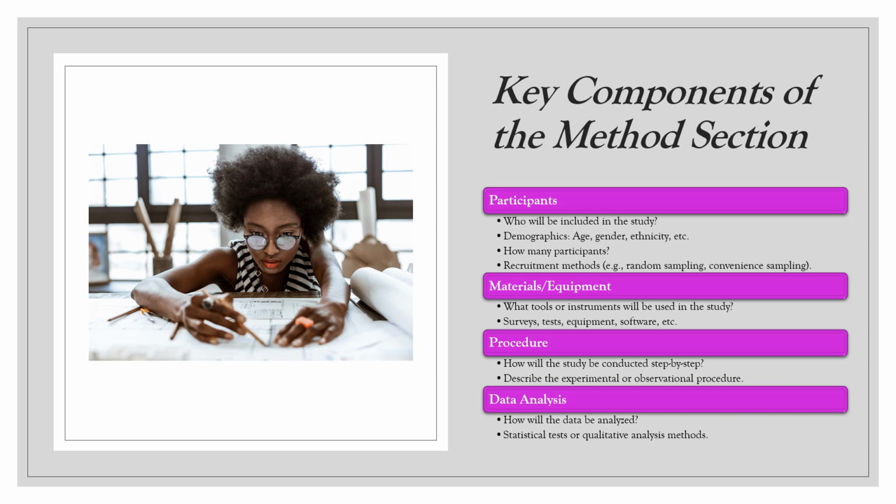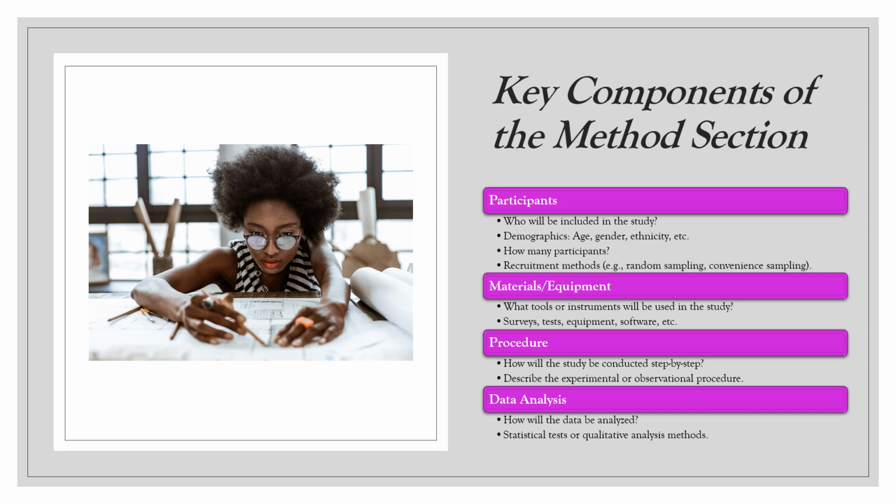So the methods section has four primary components, and we'll go through in detail each one, but it's participants, materials, equipment, procedure, and data analysis. Each of these parts serves a distinct role in describing the structure of your study. So for participants, who are you studying? This includes the demographic information, the sample size, and recruitment strategy.